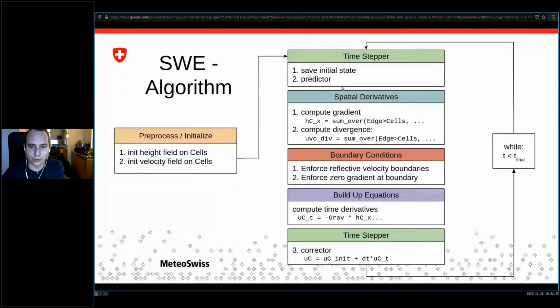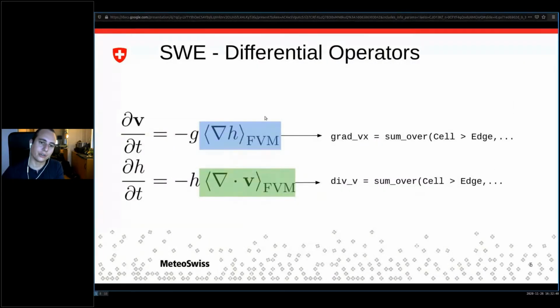Then we have the block where we do the spatial derivatives. We need to enforce some boundary conditions because that's a closed physical system here. We need to build up our equations. So what do I mean by that? Well, as you can see here, there are not only the spatial gradients on the right-hand side, but there is, for example, the gravitational constant and here the height field itself.